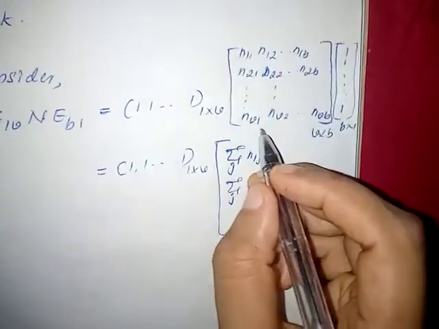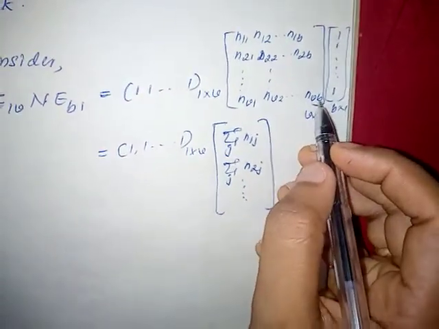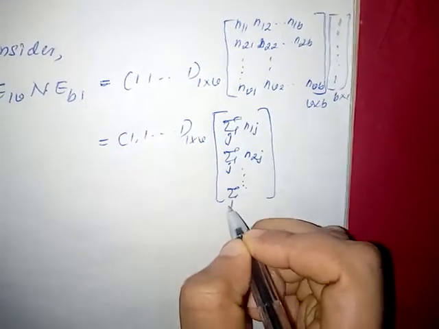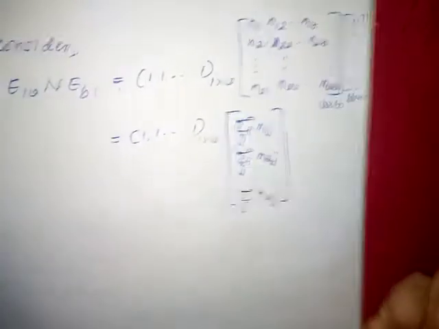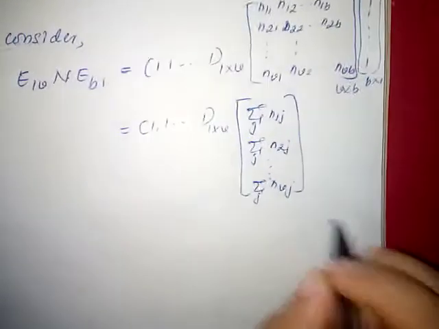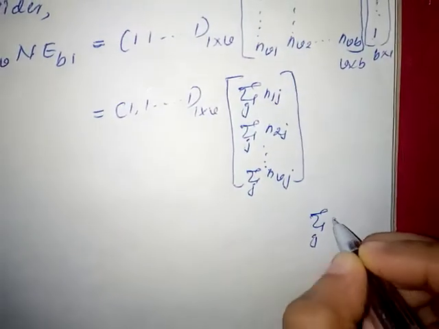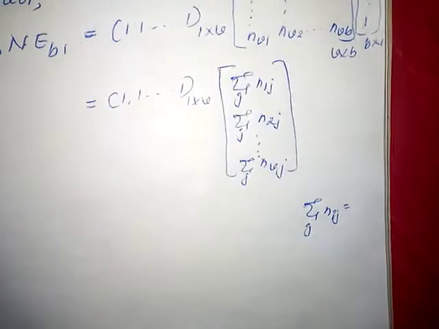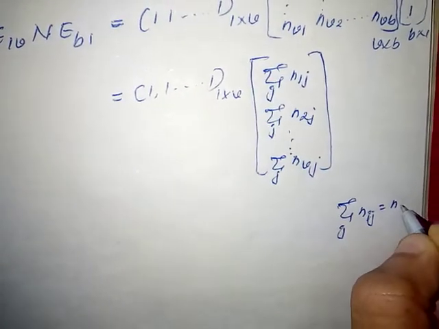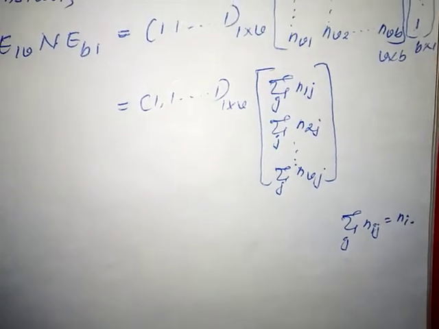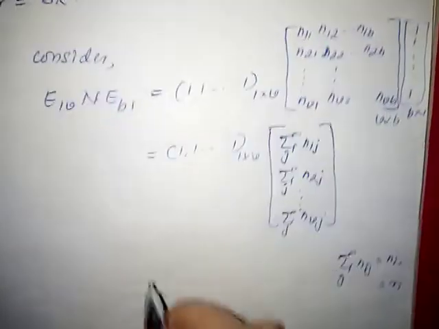Similarly, Nv1 into 1 plus Nv2 into 1 so on Nvb into 1, which is equal to summation of Nvj, right? So we know that summation over j of Nij is ni dot, which is equal to ri.